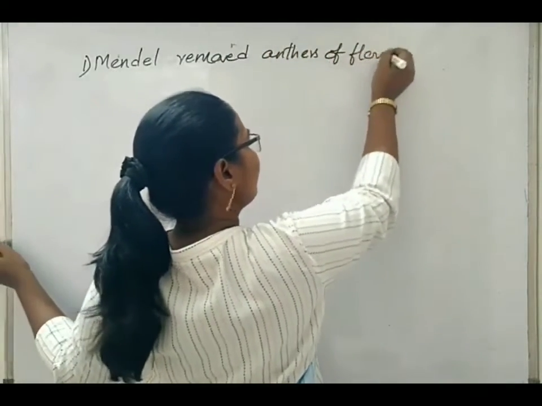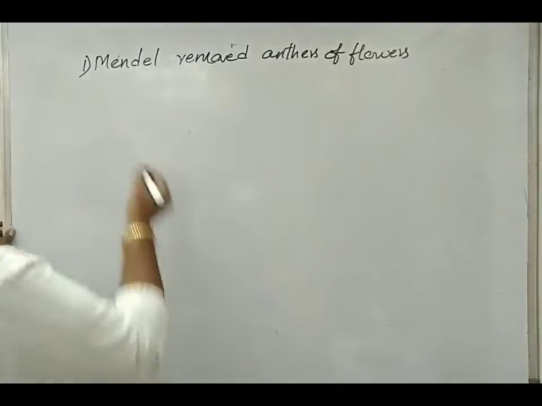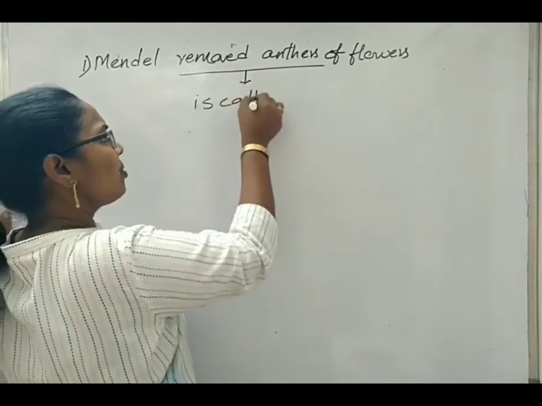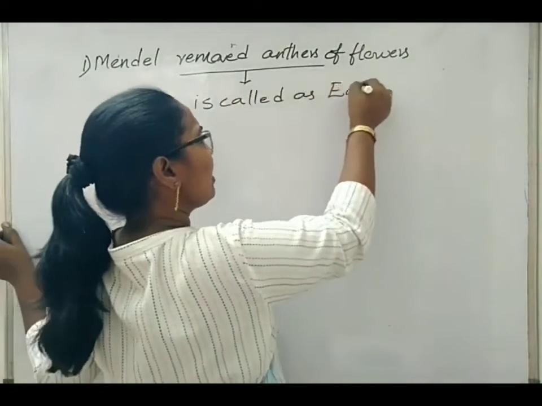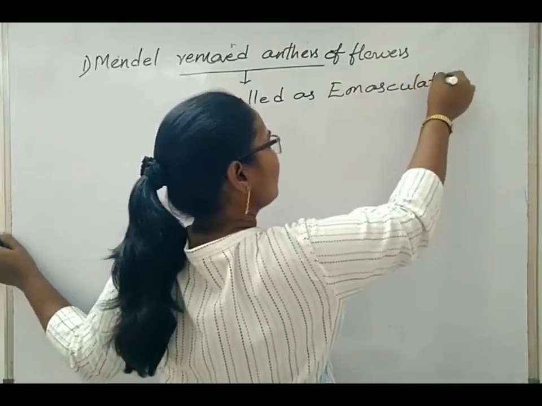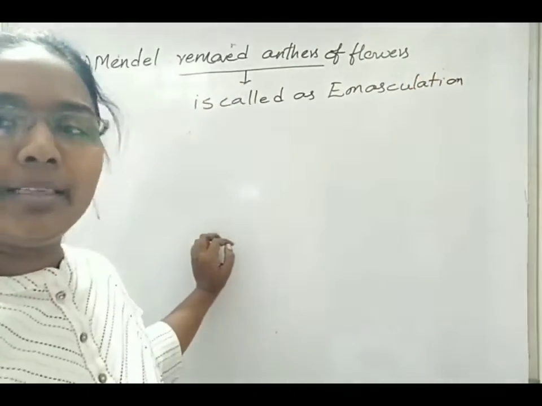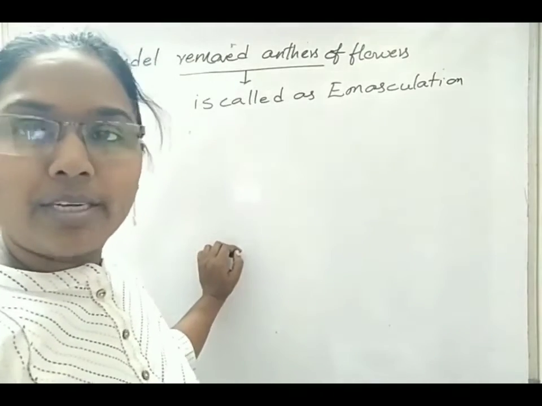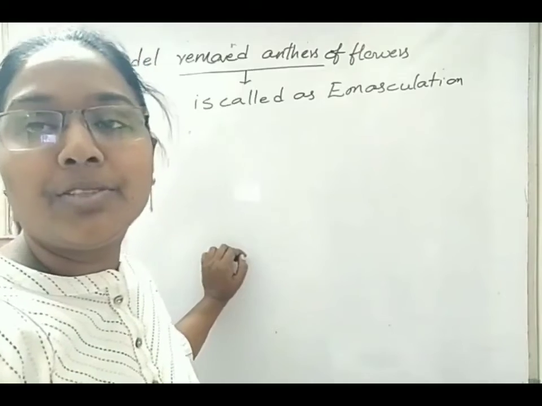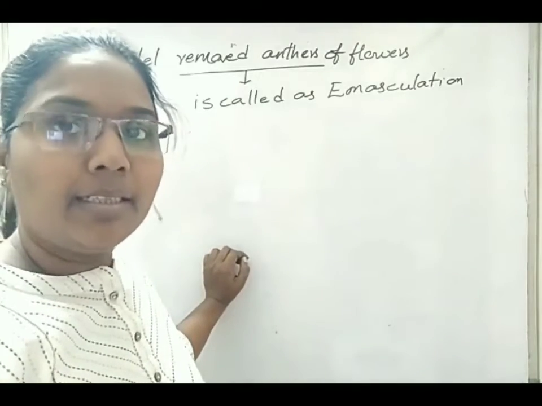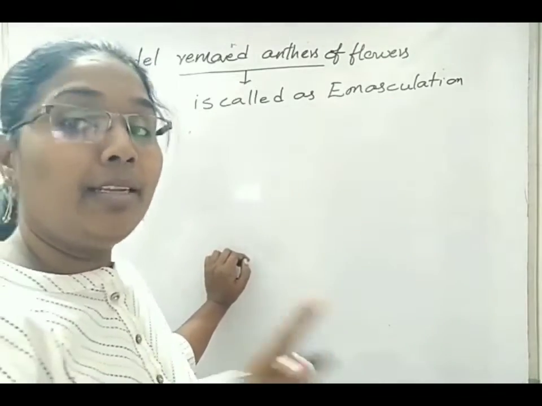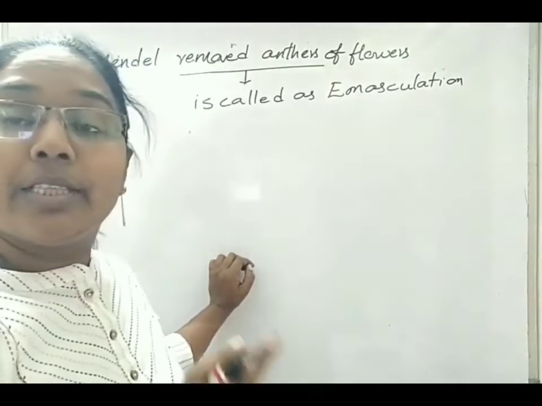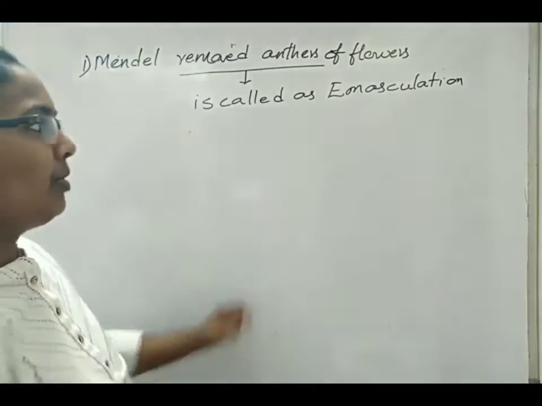The process of removing these anthers is called emasculation. If the anthers are removed, or the androecium of the plant is removed, or in a unisexual plant the male sex organs are removed, as in the pea plant experiments done by Mendel, the answer will be emasculation only.